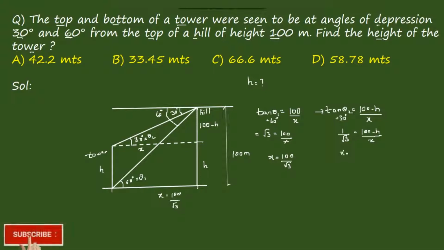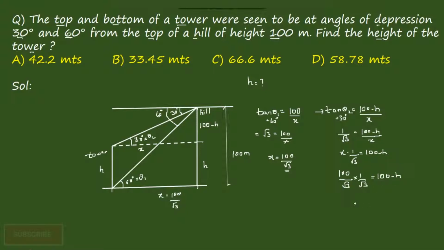Then it becomes x into 1 by root 3 is equal to 100 minus h. Here the x value is 100 by root 3. So it becomes 100 by root 3 into 1 by root 3, equal to 100 minus h.